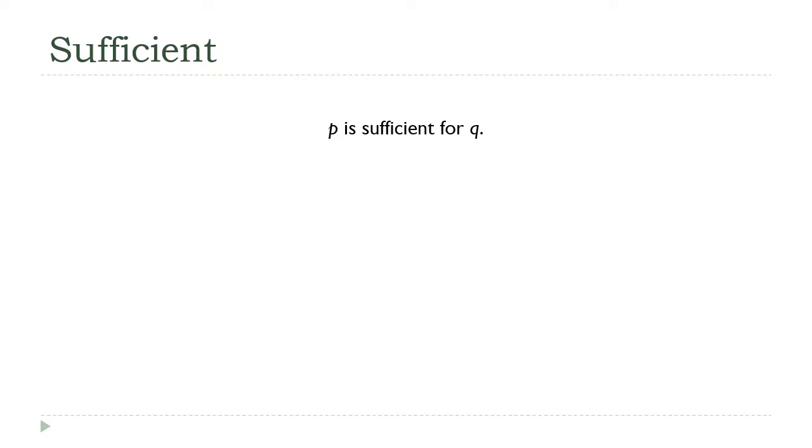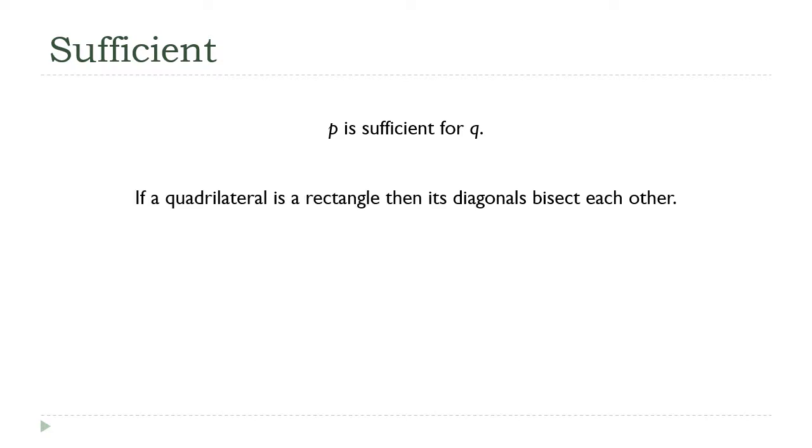also make Q true. For example, consider the statement, if a quadrilateral is a rectangle, then its diagonals bisect each other. Well, it's certainly true that the diagonals of every rectangle bisect each other, yes, but there are other situations where the conclusion is also true. For example, the diagonals of a rhombus also bisect each other, even though a rhombus isn't a rectangle.